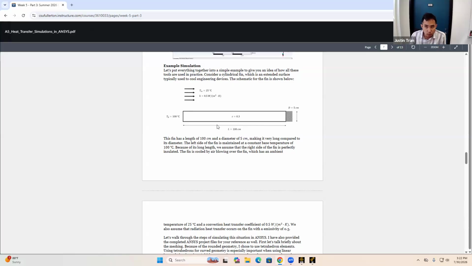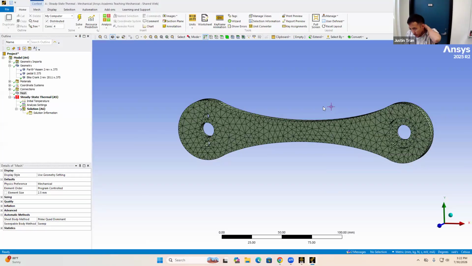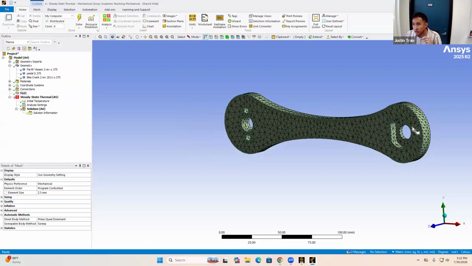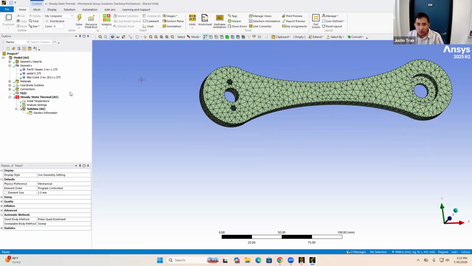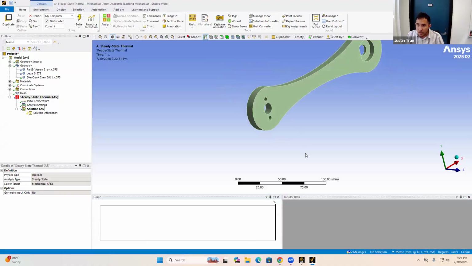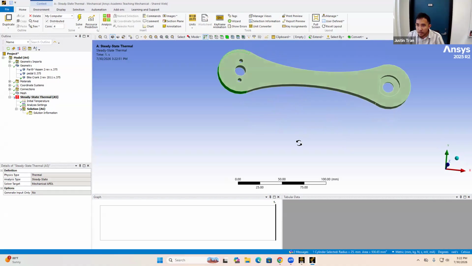So we have basically 4 boundary conditions that we need to specify. So let's go ahead and specify those conditions here. First, let's specify the fixed temperature boundary condition. Let's specify this region right here as having a fixed temperature.